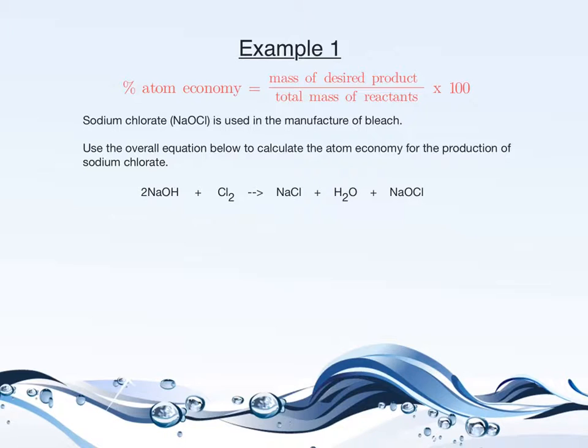Here we have two sodium hydroxides reacting with chlorine to give sodium chloride, water, and the desired product, the sodium chlorate. Once we have a balanced equation, the next thing to do is to look at the mole ratio and use this mole ratio as a number of moles of each reactant and each product.